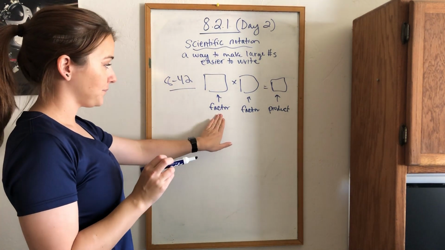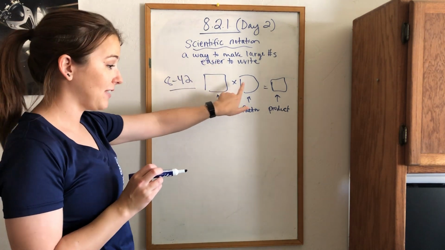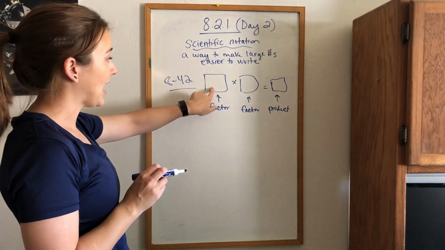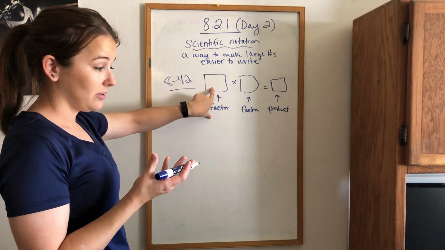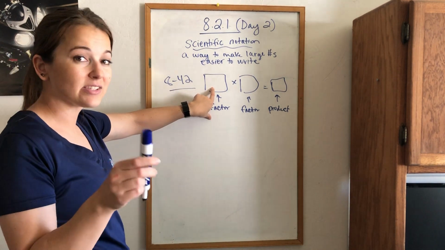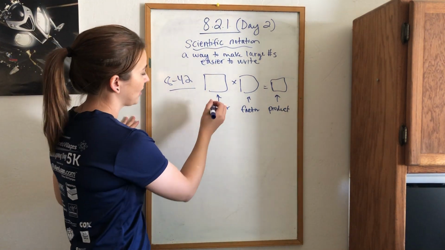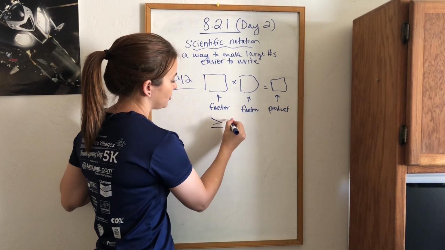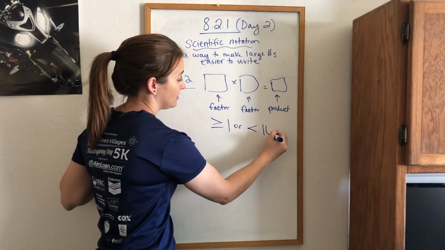So scientific notation requires that one factor is a power of 10, which we've seen, and the other factor has to be a number greater than or equal to 1 but less than 10, so it doesn't include 10.